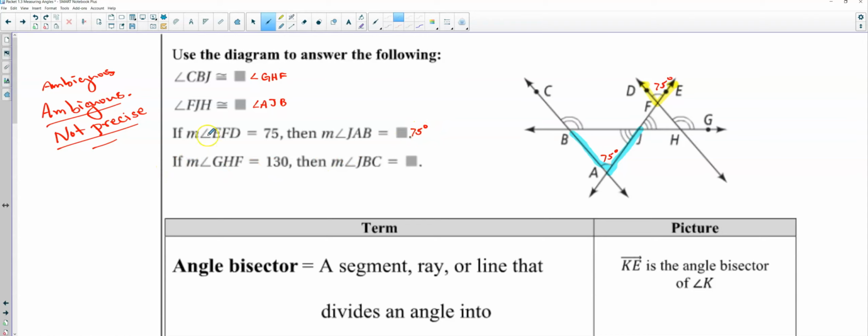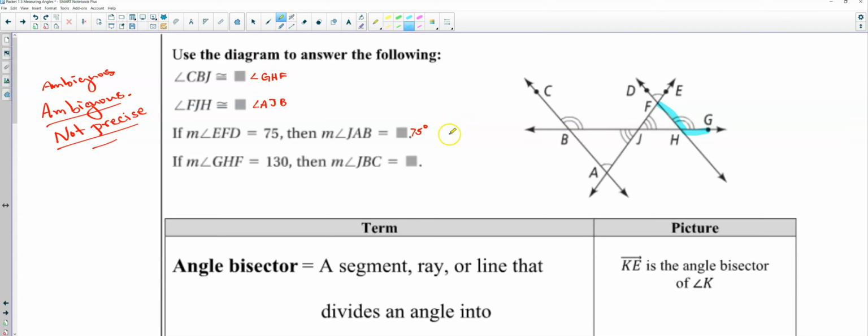All right, another question here. If the measurement of angle GHF, so I'm going to look for GHF, that angle right here, which is the one that I had before, right?